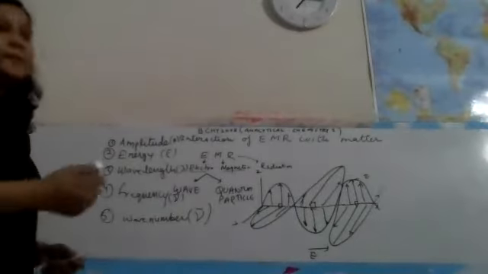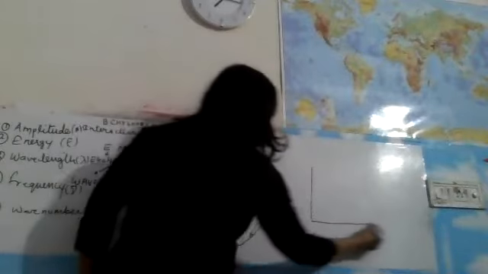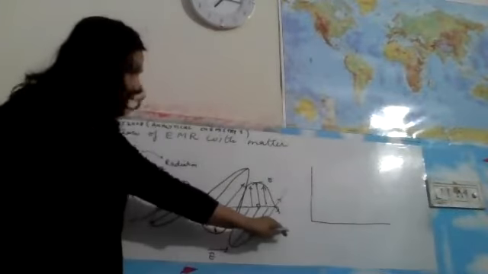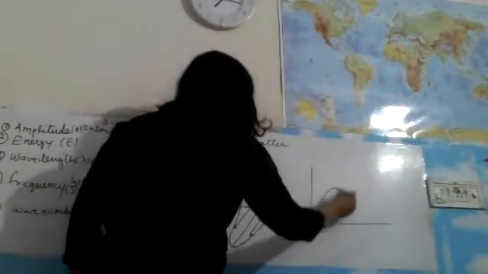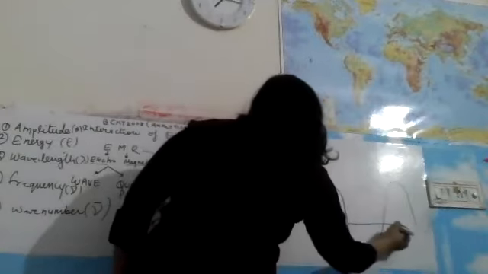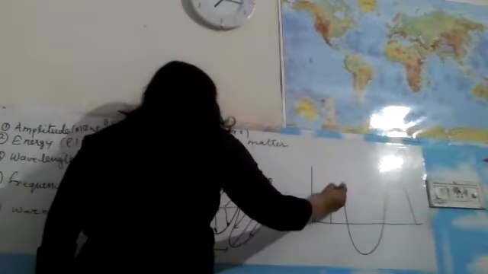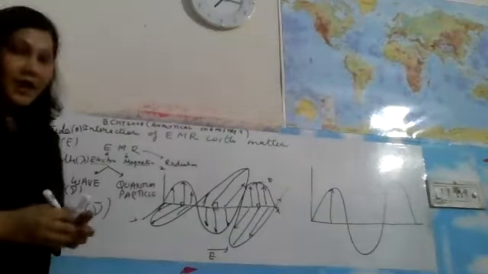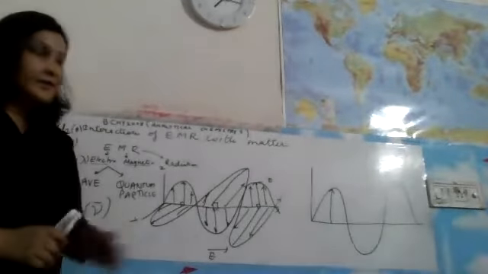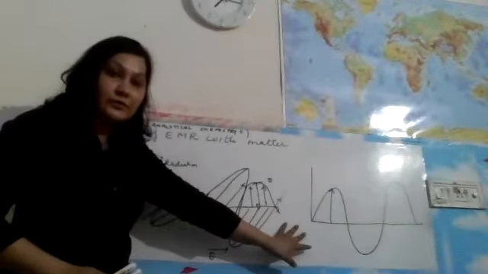Now, let me show from the diagram what amplitude is. Suppose you can see this is your wave. Now, what is A for a wave? The maximum height to which a wave oscillates is known as amplitude.